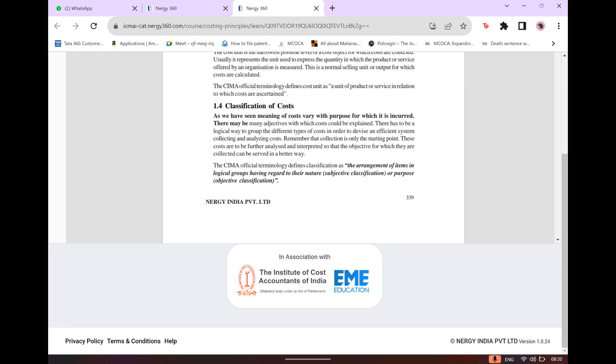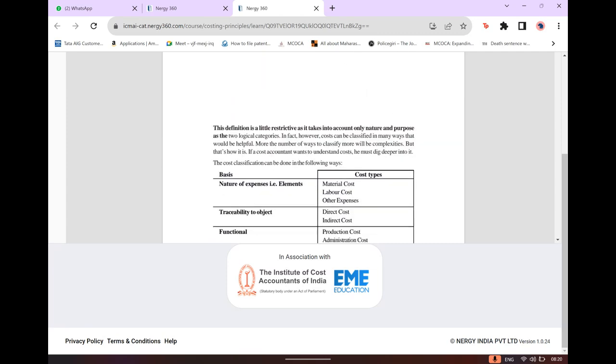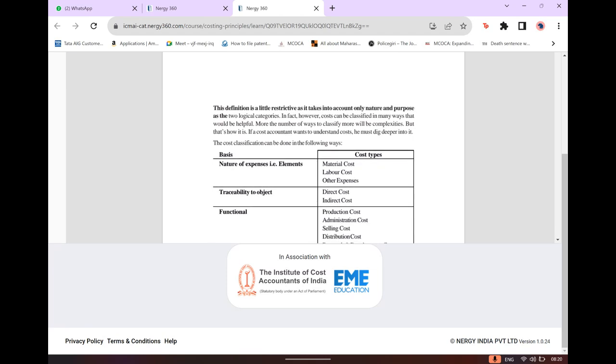So if the classification is in the form of nature, then it is subjective. If it is in the form of purpose, then it is an objective classification. So the definition is not exhaustive. We are just classifying it on the basis of nature and purpose, and it has to be a logical classification.